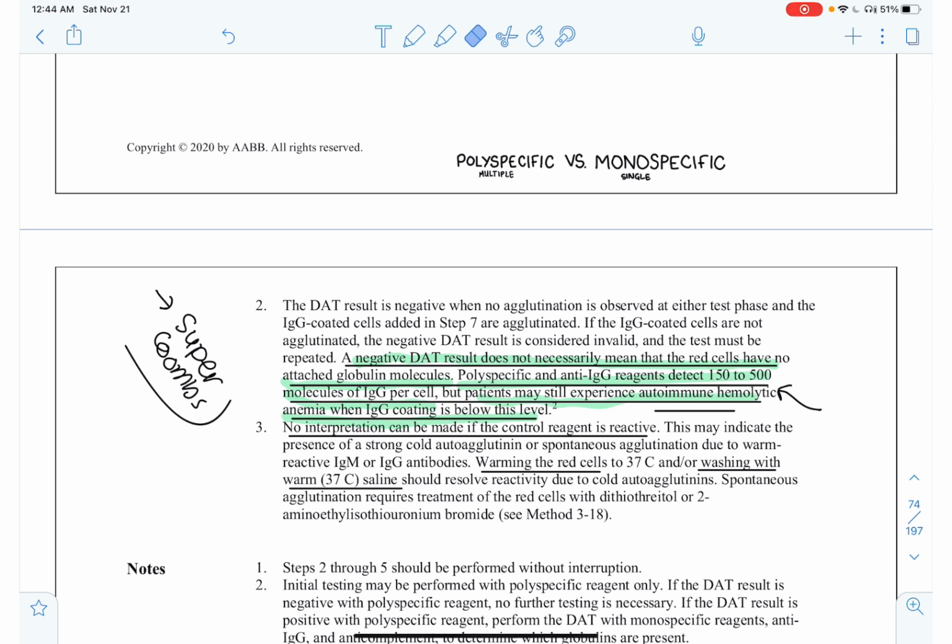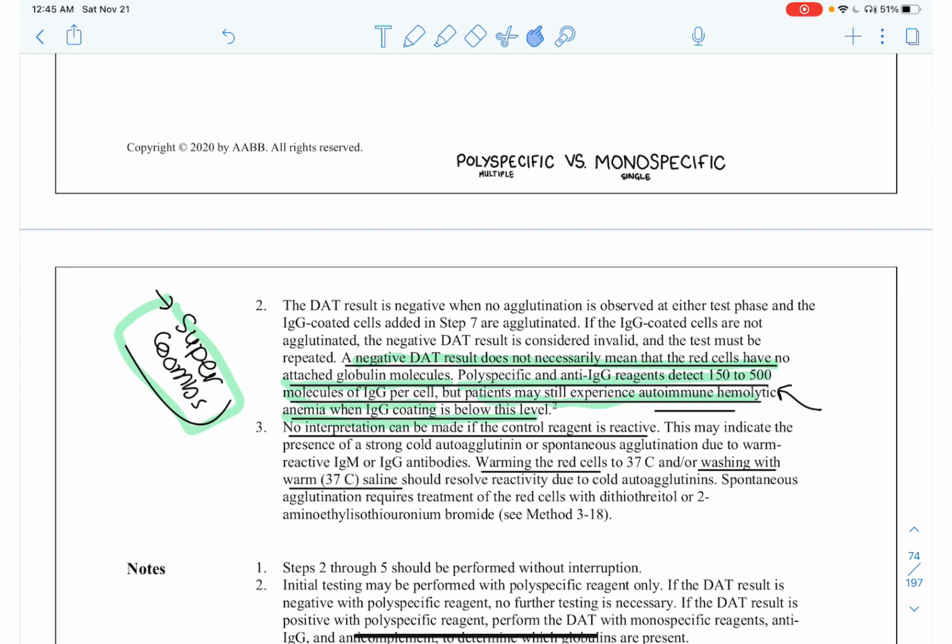There is a test to determine if the patient is experiencing hemolysis due to autoimmune hemolytic anemia but continues to have negative direct antiglobulin tests, and that's a test which is more sensitive than detecting 150 molecules, which is actually quite small. It's called the Super Coombs test. We've probably all heard it before. And it's a more sensitive method to determine autoimmune hemolytic processes.